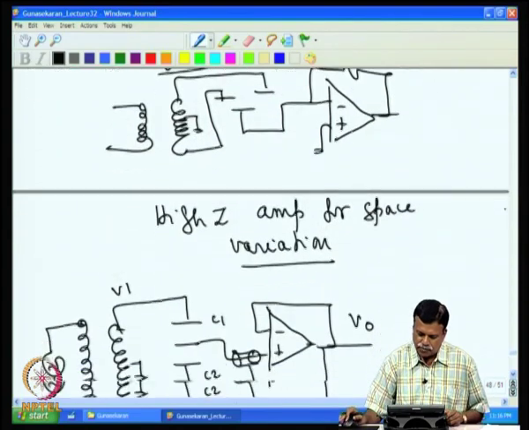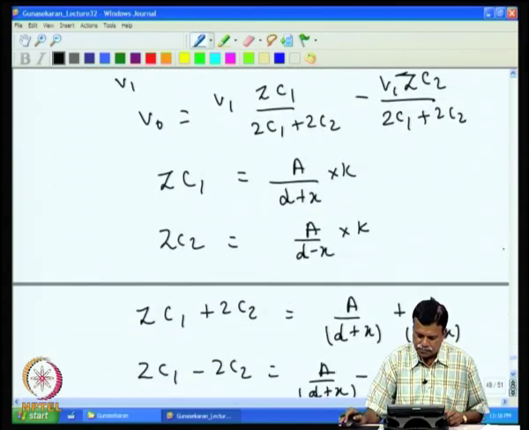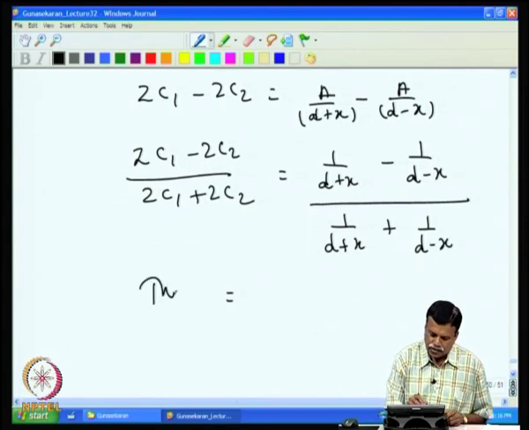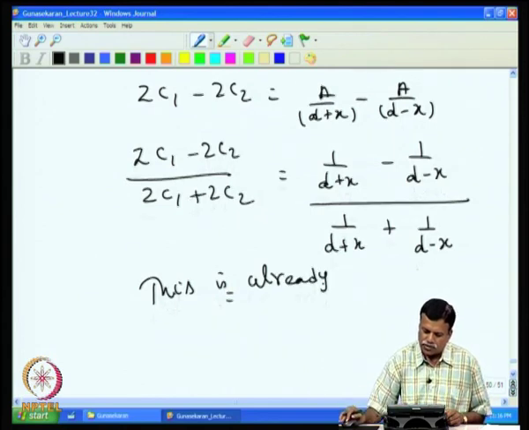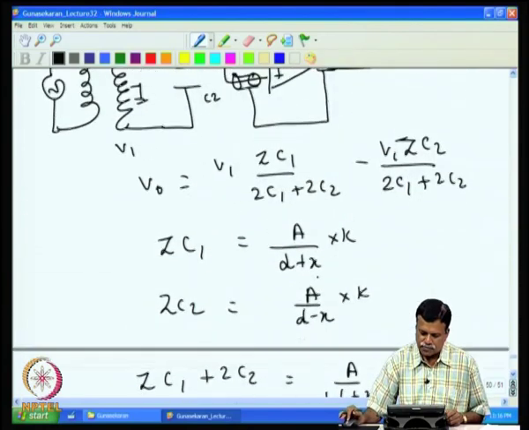The amplifier for space variation we have already done. So we take next area variation. If it is area variation, then we have to take it as A into 1 plus x and A into 1 minus x.